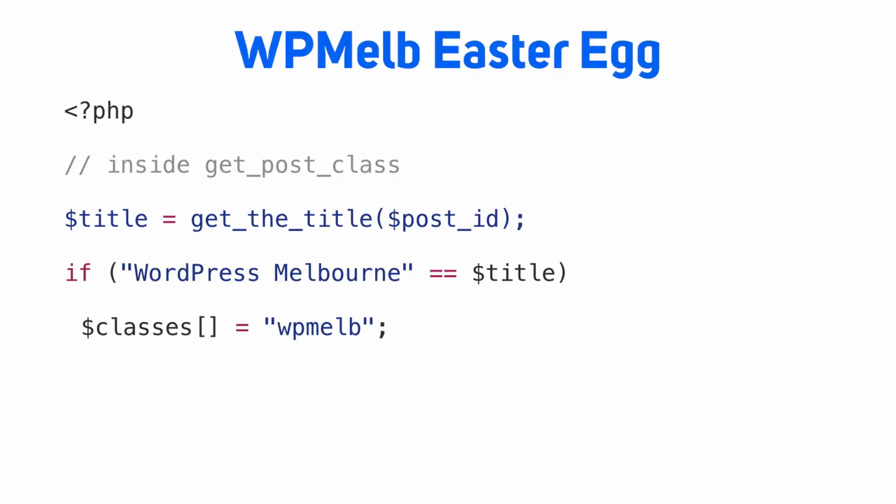If you use a Yoda condition and you miss the double equals, then it will throw an error and the code will not run. So it's nice, big and upfront that you've thrown an error. If you miss an equal sign without using the Yoda conditions, the title would just be set to WordPress Melbourne and the code would continue to execute.